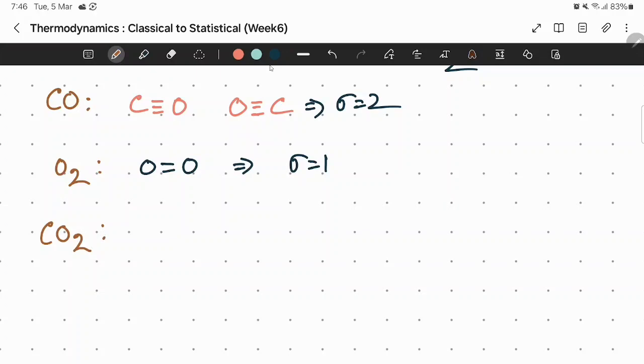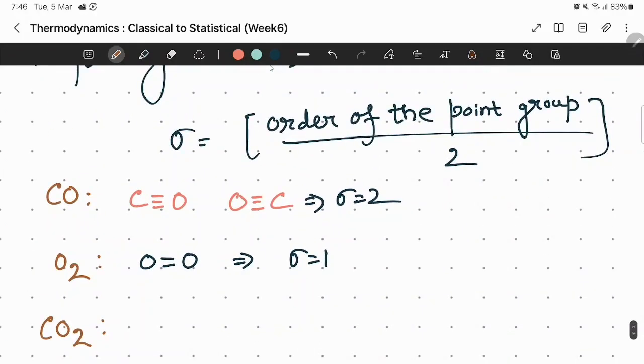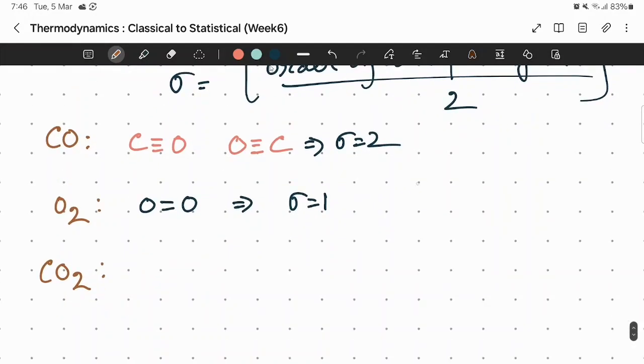Now, if you remember this, then you can do this for CO2. Excuse me, sir, for the ammonia molecule, the order is 4, so sigma may be 2? You can repeat it. What did you say for the ammonia molecule? The point group is C3V and the order of C3V is 6.